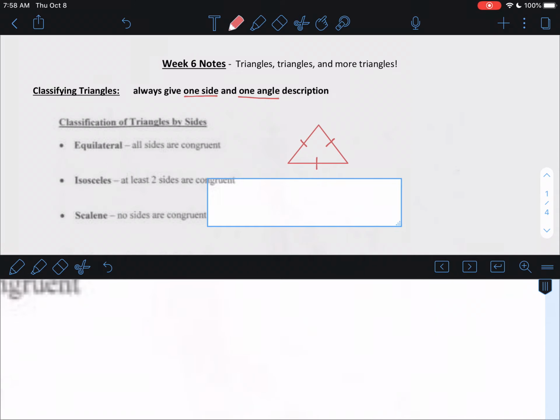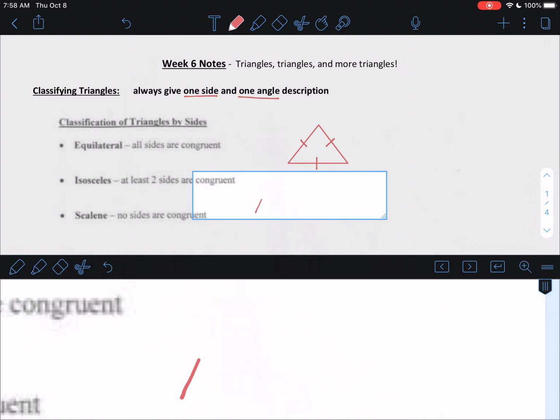So that's going to look like a triangle that has 2 sides that are congruent, but maybe that third side is visibly, clearly a different length. We can see that these 2 sides are the same measure here, but that third side down at the bottom isn't. So this is what an isosceles triangle is going to look like, approximately.